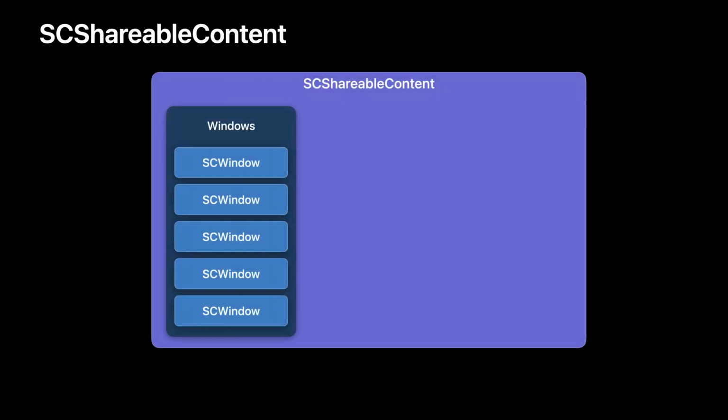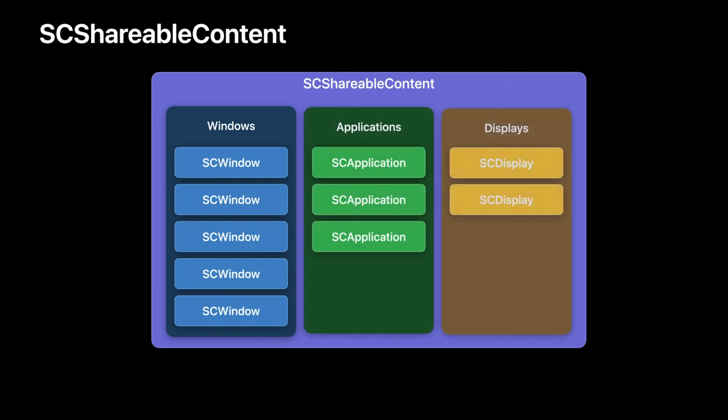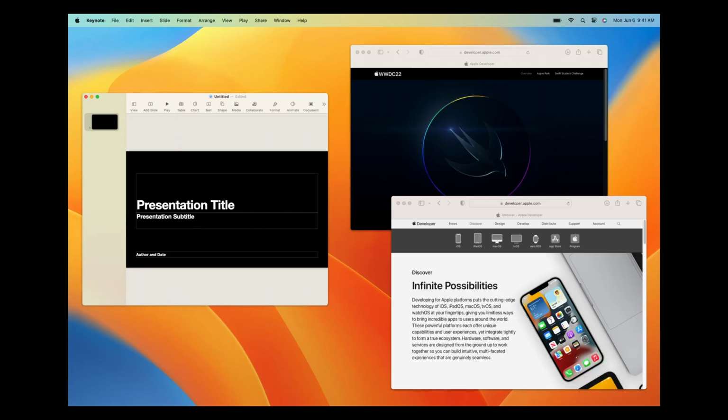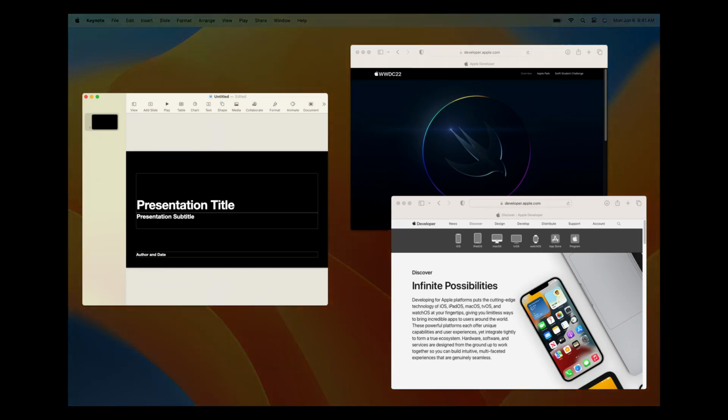SCWindows, SCRunningApplications, and SCDisplays combine together to give you the possible content you can share in SCShareableContent. You can get a list of all shareable content on the device, or you can specify certain parameters. Suppose you'd like to list all the applications and windows that are on screen so people can choose which ones they'd like to share.